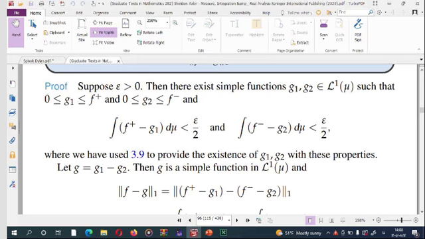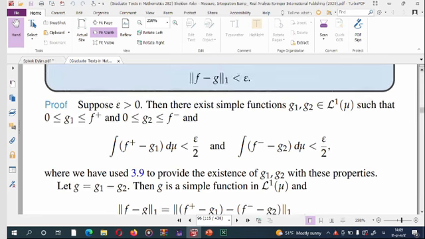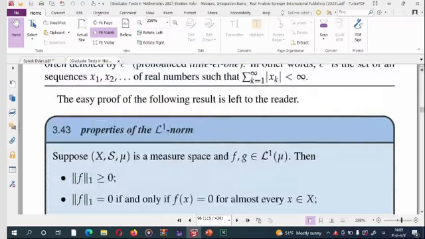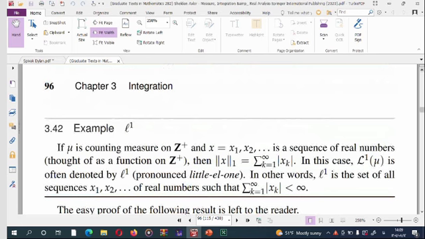Then there exist simple functions g1 and g2 such that g1 is less than f plus and g2 is less than f minus, and these two integrals are less than epsilon divided by 2, where we have used this proposition 3.9, okay, that you can see. This is on page number 96, okay.